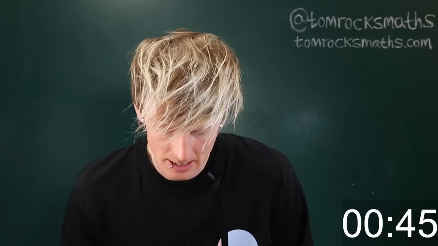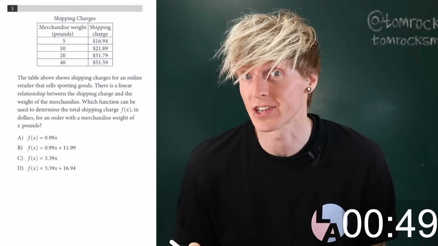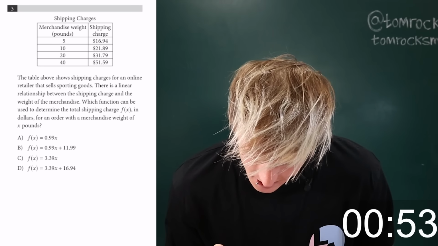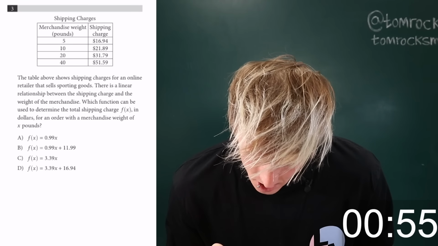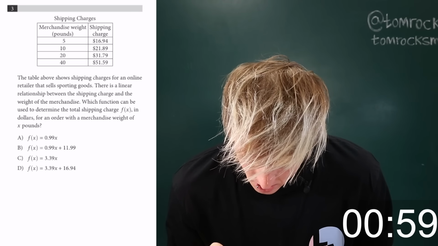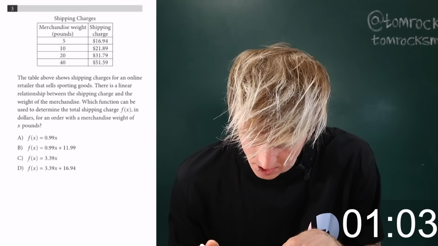Okay. Question 3. Table above shows some shipping charges. Very on point. For an online retailer that sells sporting goods, there's a linear relationship between the shipping charge and the weight of the merchandise. Which function can be used to determine the total shipping charge? Okay, so we know that when it's 5 and then it increases.